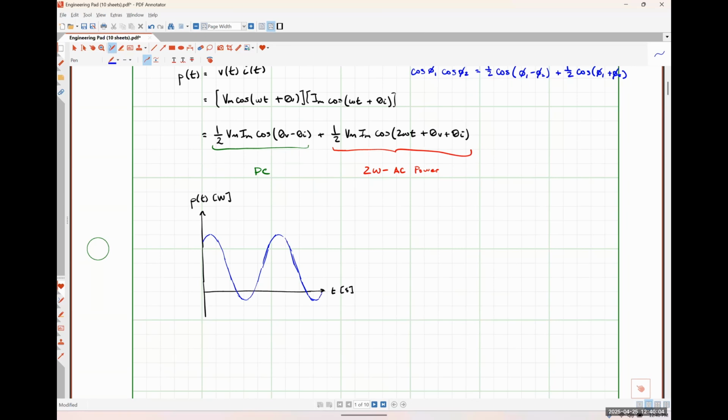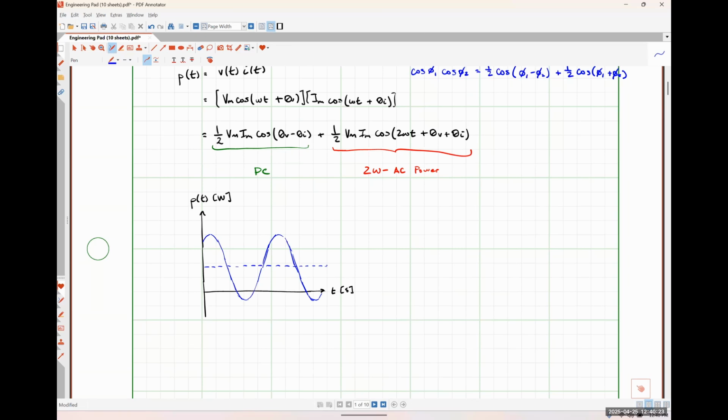Where the halfway point between these peaks, which would be somewhere in the ballpark of right here, represents that DC portion of our instantaneous power signal.